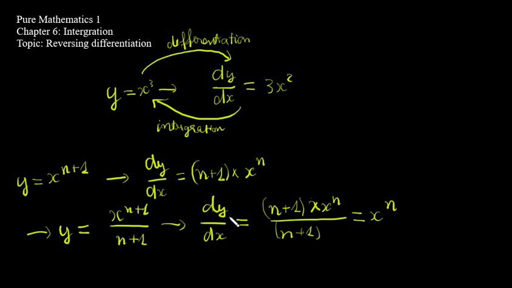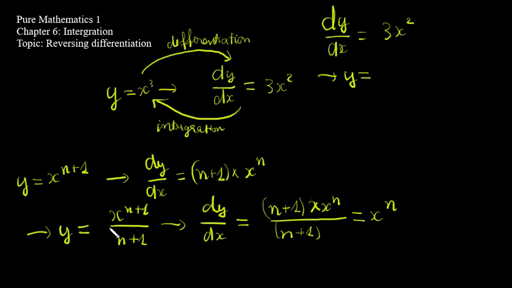So from dy over dx equal to x to the power of n, we want to find the equation y. The equation y will be equal to x to the power of n plus 1 over n plus 1. Let's say from this equation, we have dy over dx equal to 3x squared. My y will be equal to, I will use this formula.